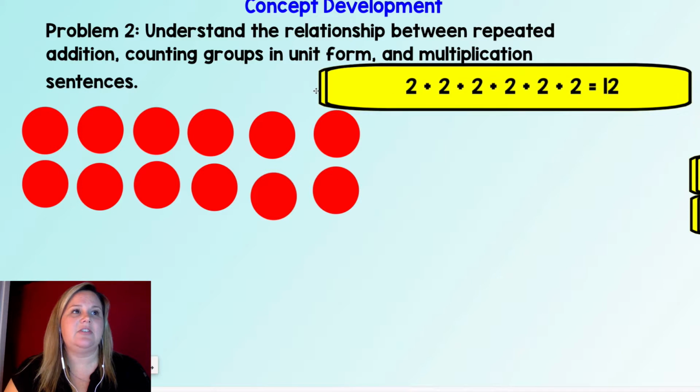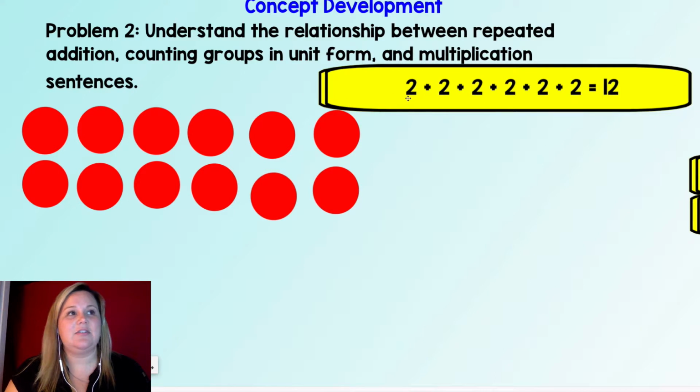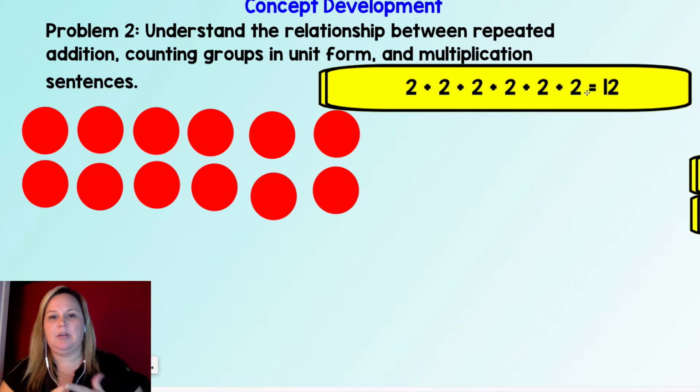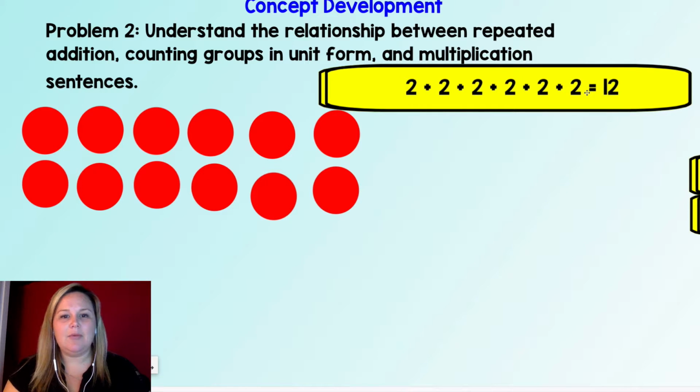My repeated addition sentence would look like this: 2 plus 2 plus 2 plus 2 plus 2 plus 2 equals 12. So I have 1, 2, 3, 4, 5, 6 2's because remember, we said that there were 6 equal groups of 2. Now I want to think about what this looks like in unit form.